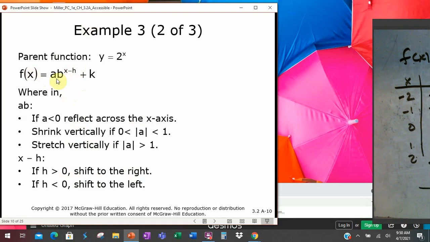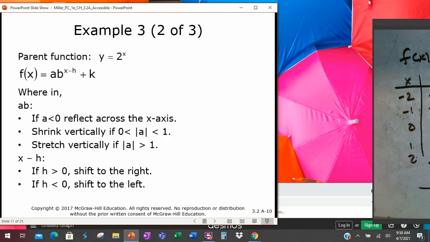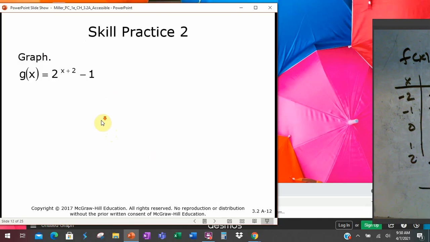My scaling, I like to refer to this as scaling, but if it's negative, it's going to be scaled after we reflect and then shrink or vertically stretch. Here's the K. Naturally, we're going to shift up if it's positive, down if it's negative, and that's what builds up that piece. Okay.